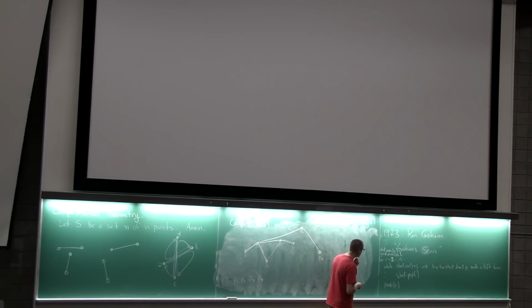Because this for loop executes n minus 2 times, and this while loop could execute n times in one iteration of the outer loop.